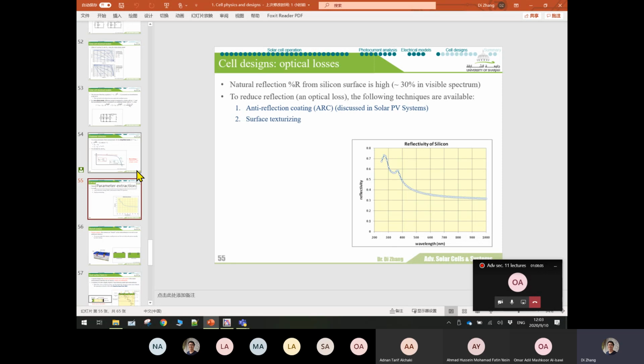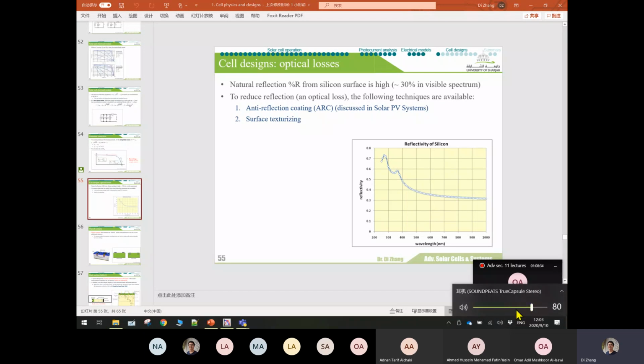Now, near the end of this chapter, we would like to talk about some additional design approaches that we can apply for silicon solar cells specifically. We talked about the same phenomenon before in Solar PV: if you want to reduce optical losses, what can you do here?